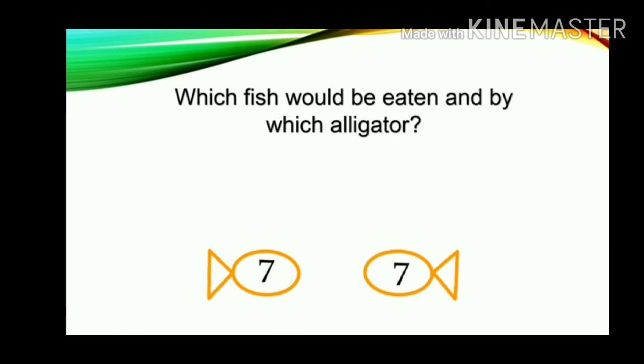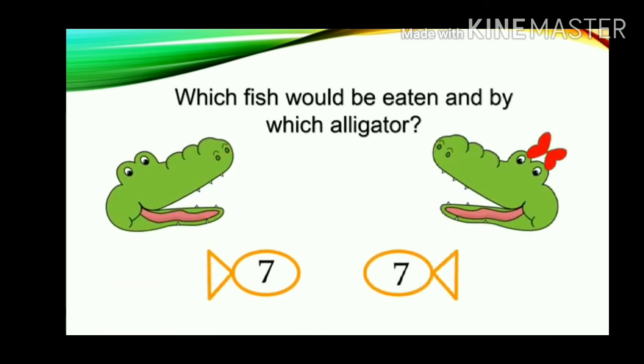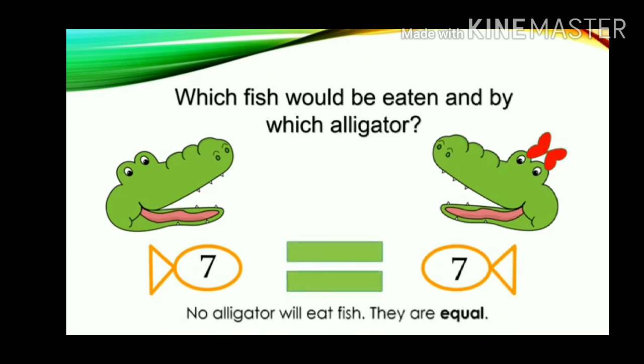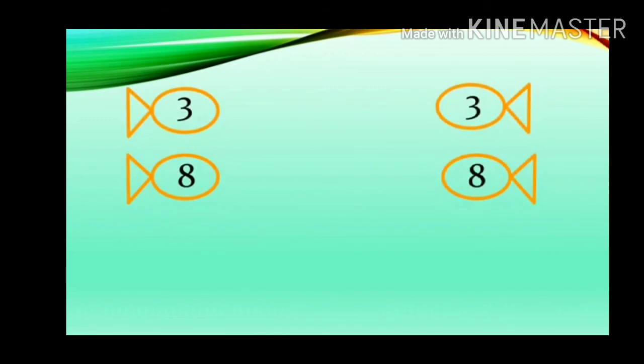7 plus 7 and 7. So these are equal. Now we will see examples of equal. No alligator will eat fish because they are equal.